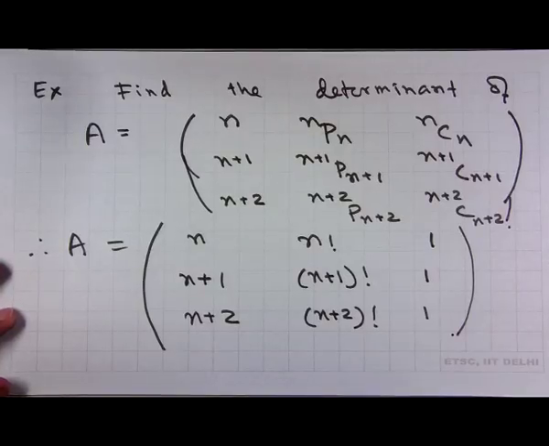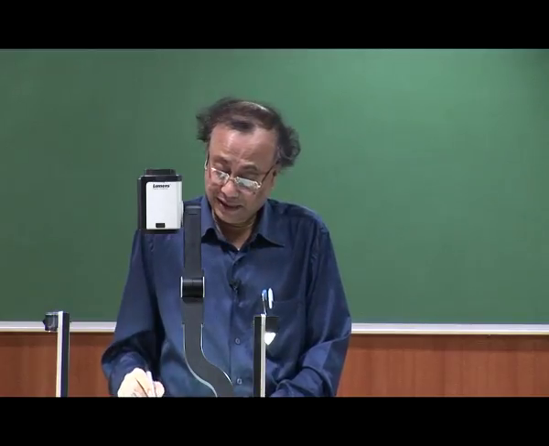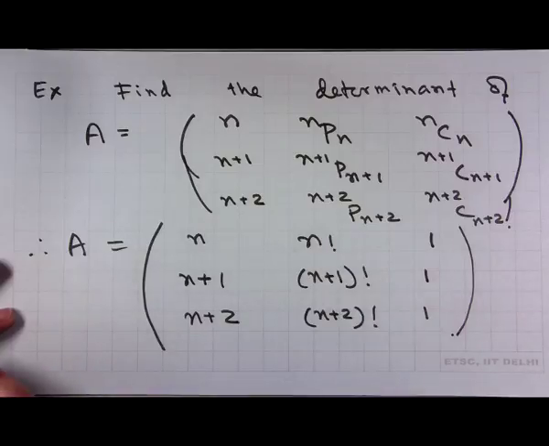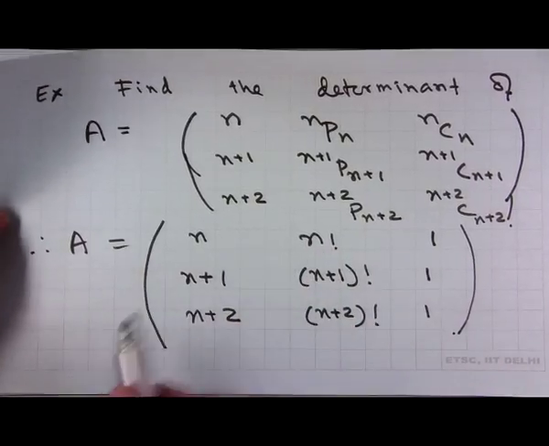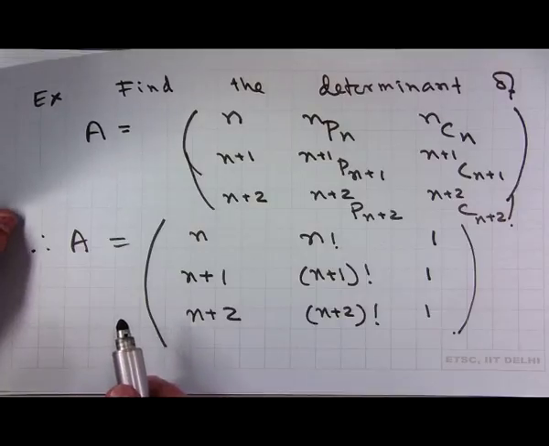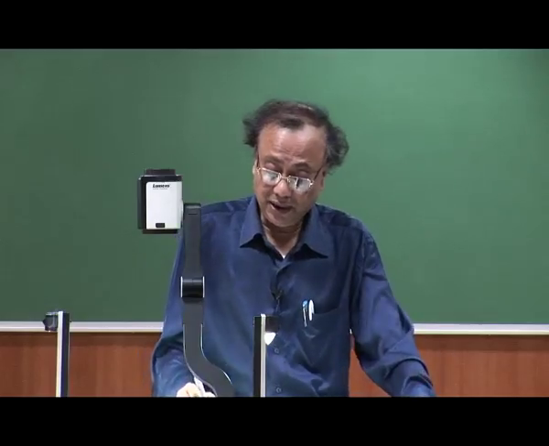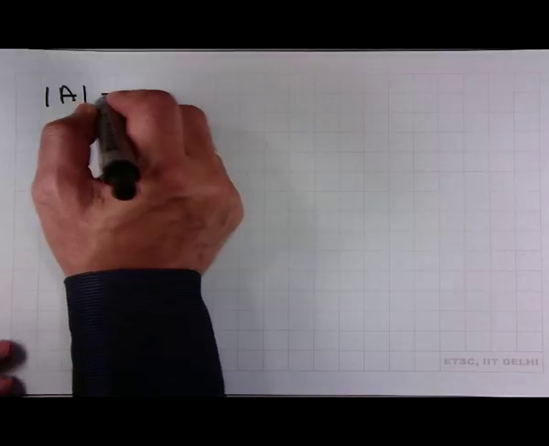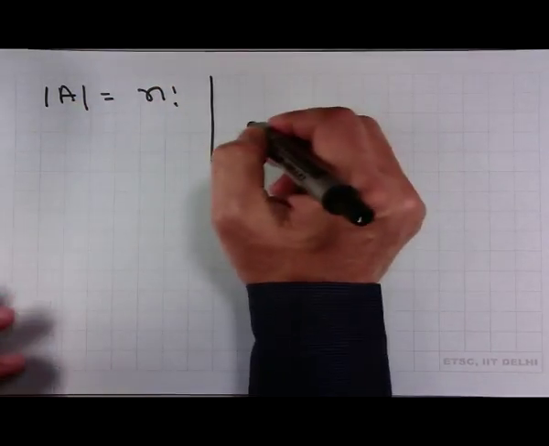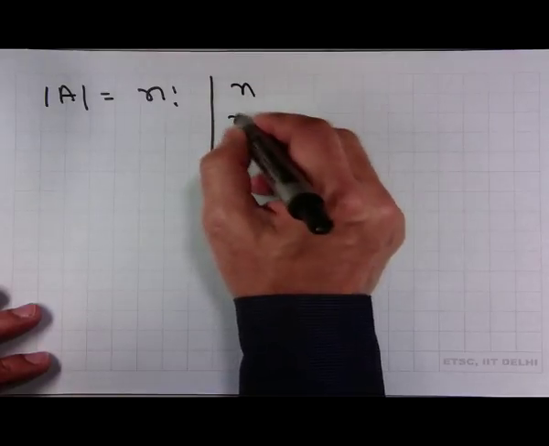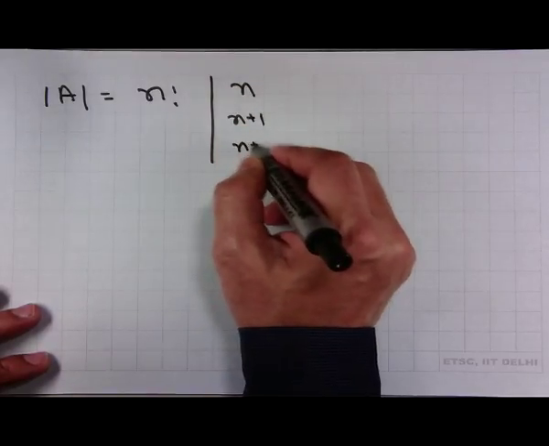Can we take anything common? If we look at the second column, we see that n factorial is there in all of them. Therefore, we can take n factorial out of the second column, and determinant of A is equal to n factorial times the determinant of n, 1, 1; n plus 1, n plus 1, 1; and n plus 2.